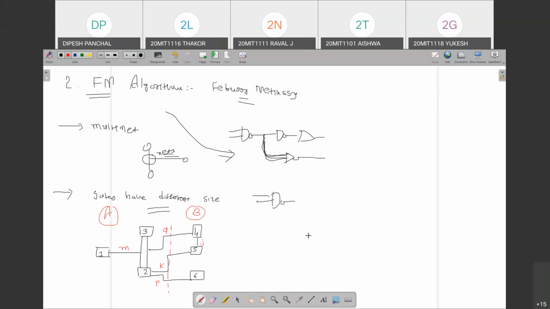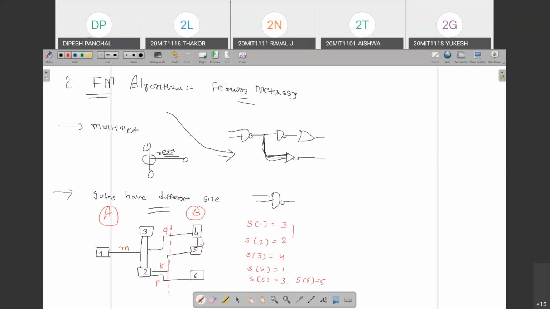Let me give you the size of each gate also. S stands for size. The size of each cell, each gate, is given: 3, 2, 4, 1, 3, 5.